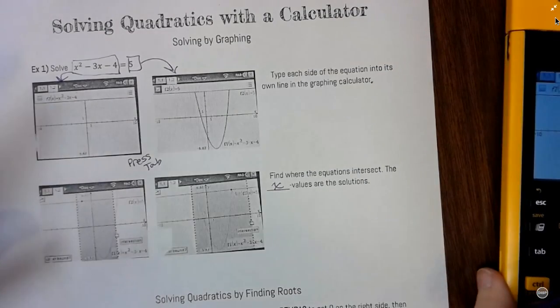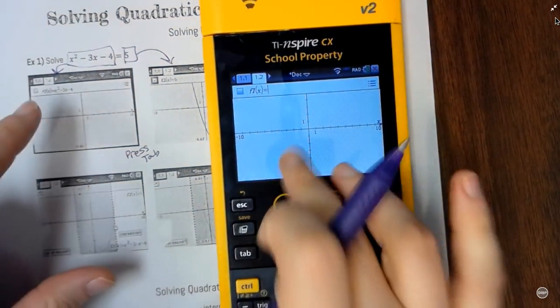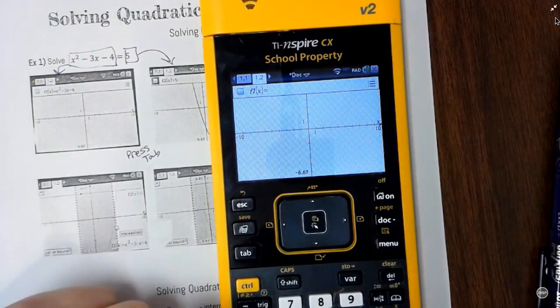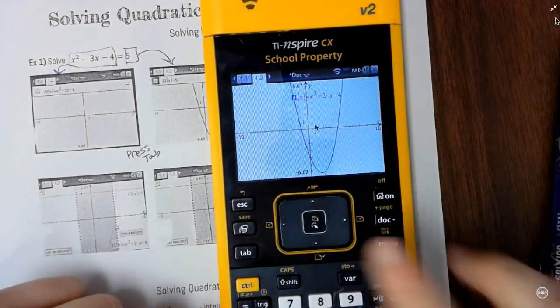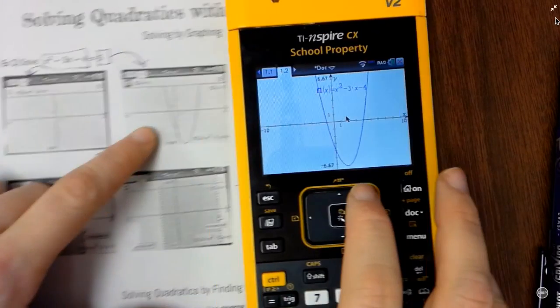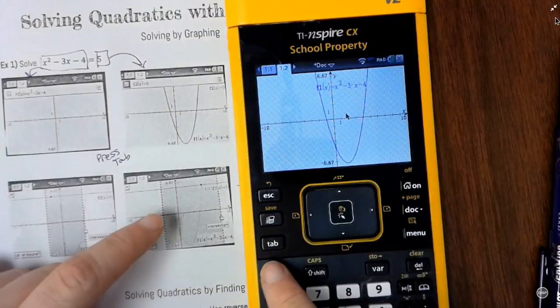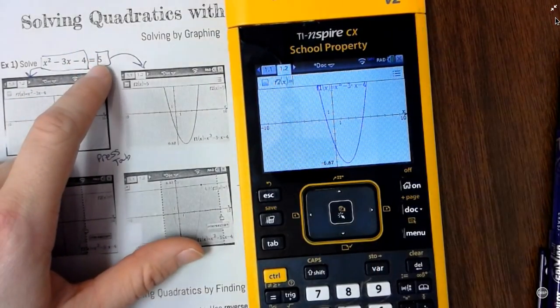So let me show you this on the calculator, even though you have pictures there. They're kind of blurry. Okay, so I have a graph page, and I'm going to type x squared minus 3x minus 4. Press enter. So there's my quadratic right there. Then press tab and type what's on the right. In this case, it's just the number 5.